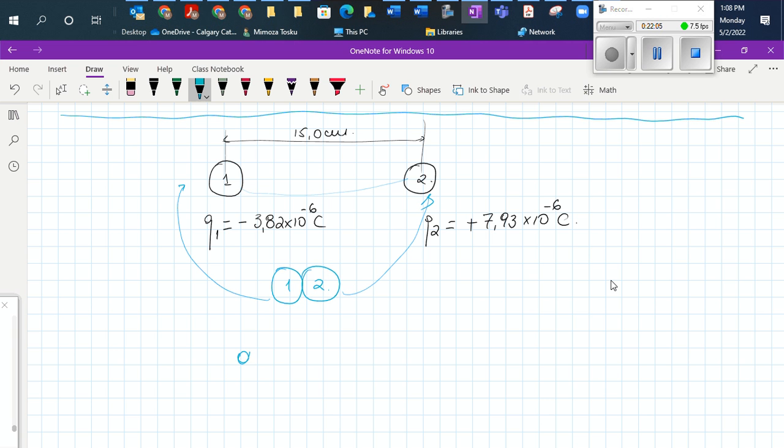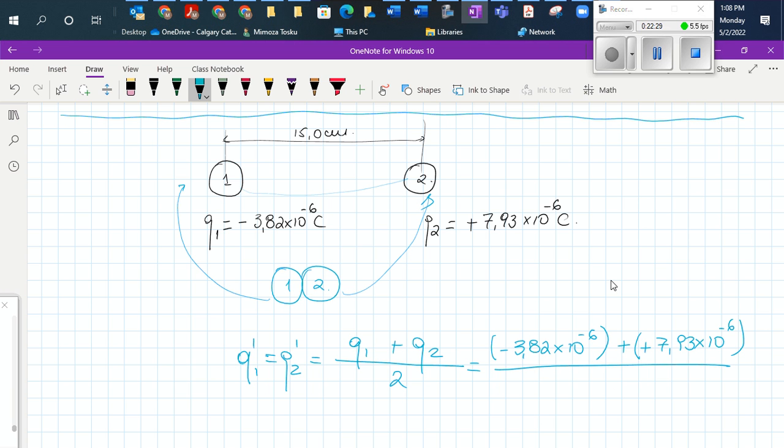So the two new charges, prime, are equal to each other, and they are equal to the average of the two original charges. So we'll have negative 3.82 times 10 to the power of negative 6 plus positive 7.93 times 10 to the power of negative 6, divided by 2.